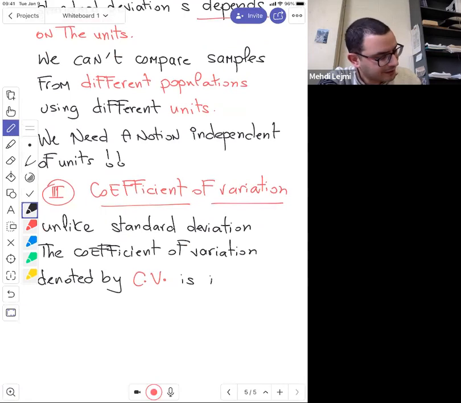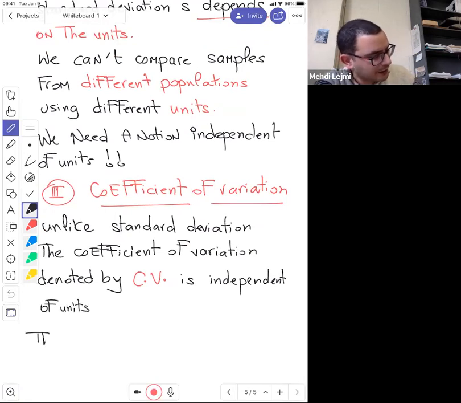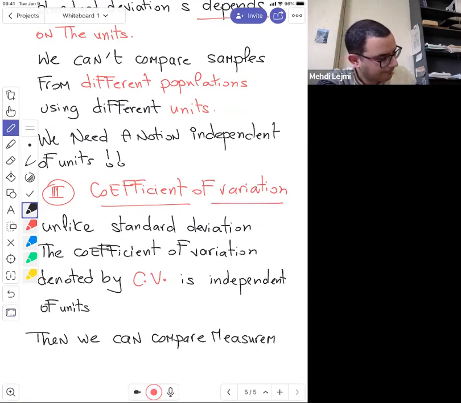So this is independent of units, okay? Then we can compare measurements of different populations.